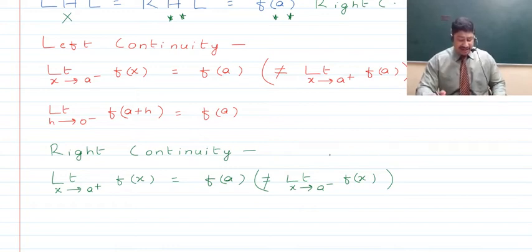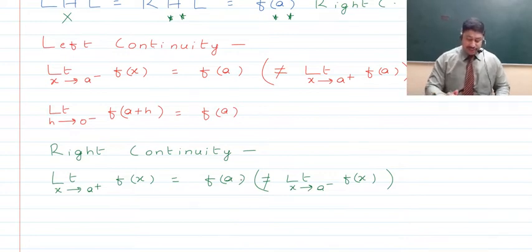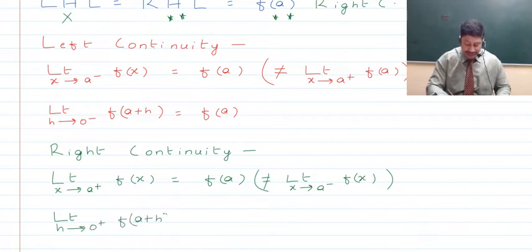So the main thing is this: if we talk about the limit of a function at a point a slightly on the right of it, then the value of the function at this point is equal to the value of the function at the point a. So this shows us right continuity, which can better be written if we bring in the infinitesimally small quantity h. So when h tends to 0 plus, f of a plus h should be equal to f of a.